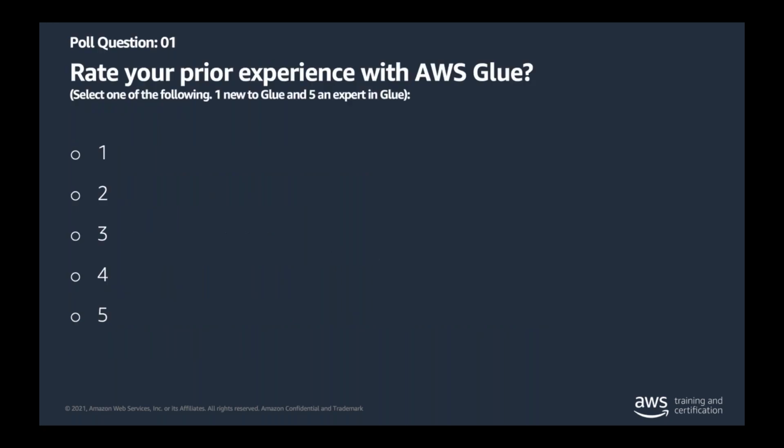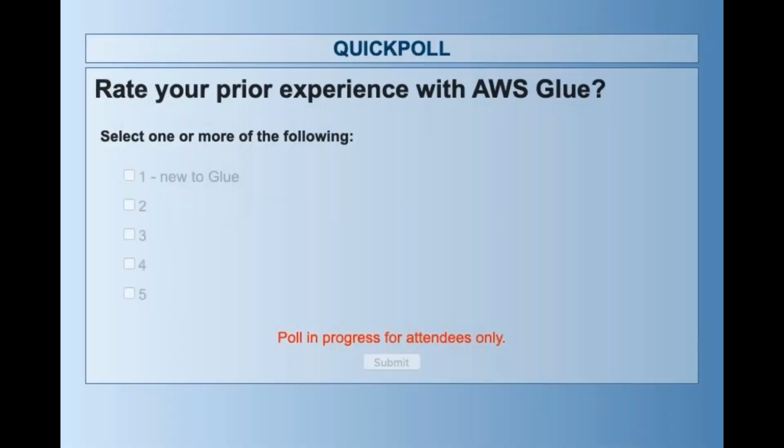Let's start with a polling question. You will see a question prompting on your screen, so please select the answers. The question is, rate your prior experience with AWS Glue from 1 to 5, 1 being I'm new to AWS Glue, and 5 being I'm an expert in AWS Glue.